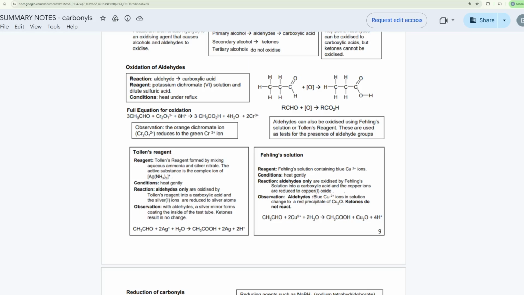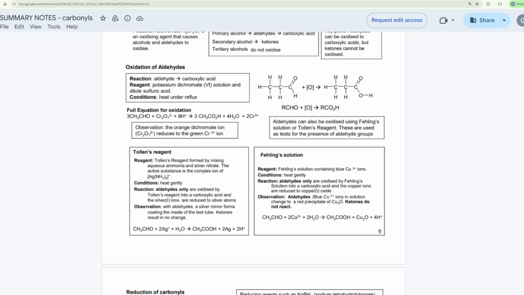Conditions: heat gently. Reaction: aldehydes only are oxidized by Tollens' reagent to a carboxylic acid, and the silver(I) ions are reduced to silver atoms. Observation: with aldehydes, a silver mirror forms, coating the inside of the test tube. Ketones result in no change.